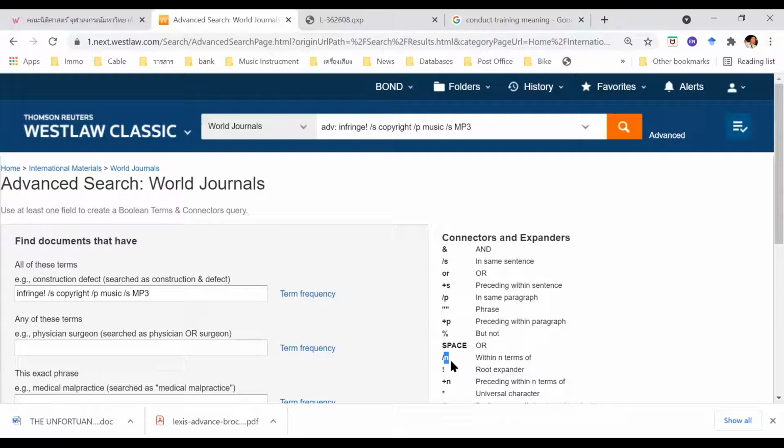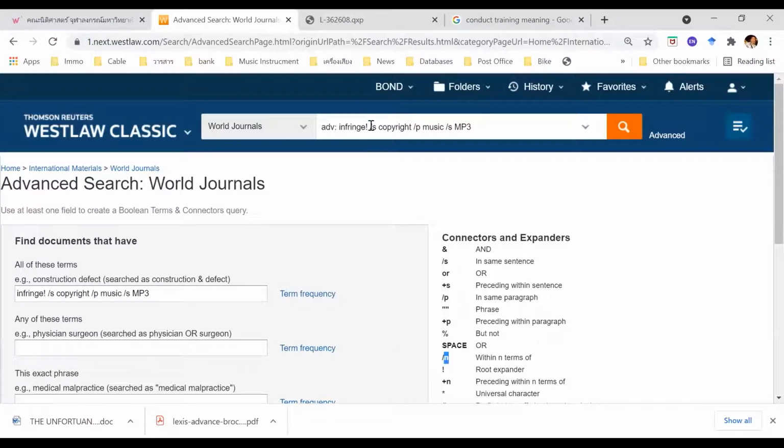So if you are looking for copyright infringement or infringement of copyrights, the meaning is the same. But if copyright is found at the beginning of a sentence and infringe is found at the end of the sentence, I'm not sure the meaning is the same as copyright infringement.